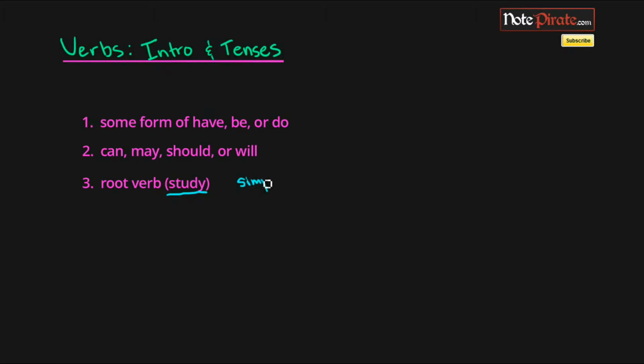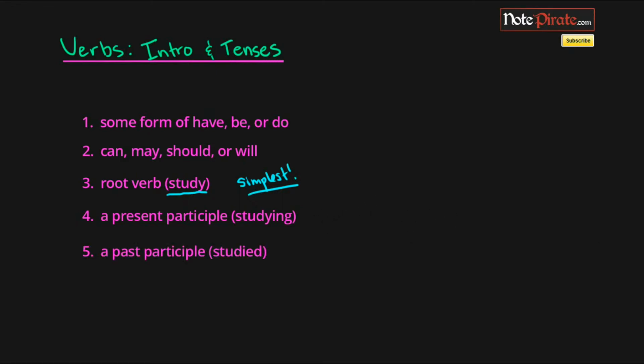So from study, you can have studying, studied, to study, and so on. We can also have a present participle, like studying, or a past participle, like studied. And we'll be talking more about participles in this tutorial, and especially in our next tutorial when we talk about verbals. But keep in mind the role that they play with certain verb tenses.